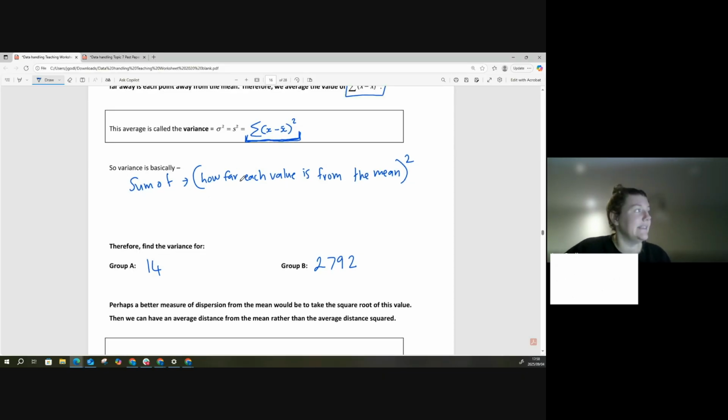We can write it as our little standard deviation sign squared, or S squared, or as this formula over here, which you now know exactly what it is. Those are our variances of our two data sets. This is the variance of group A, and that's the variance of group B. So the bigger the variance, the more spread out the data would be.